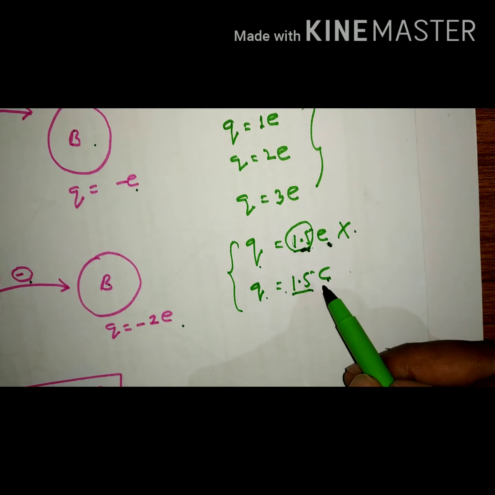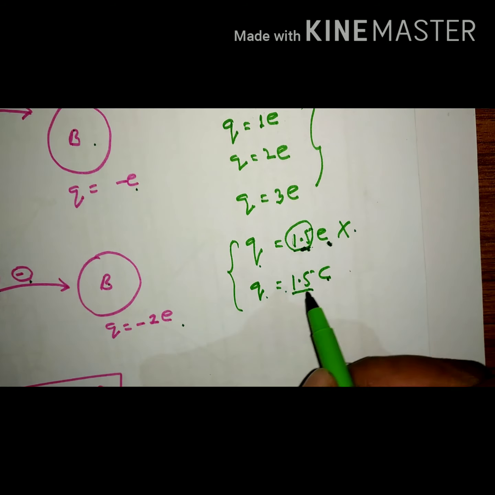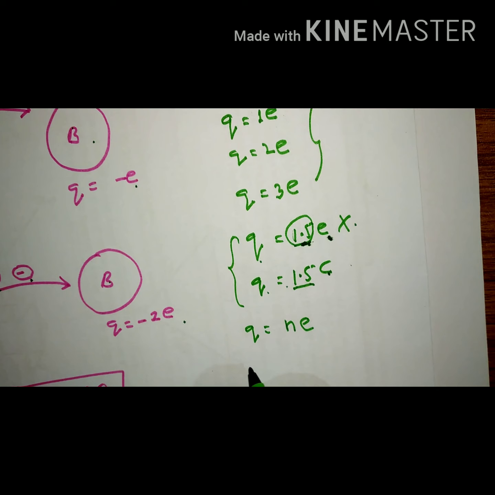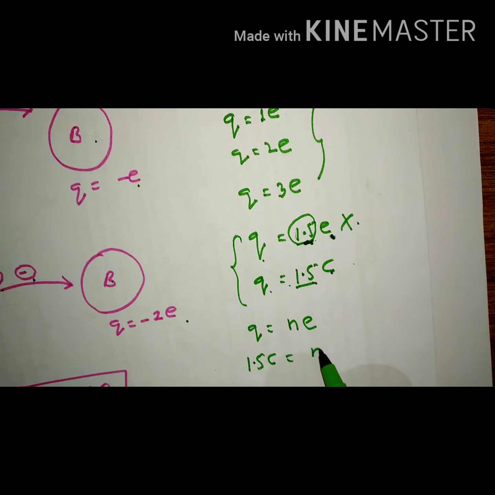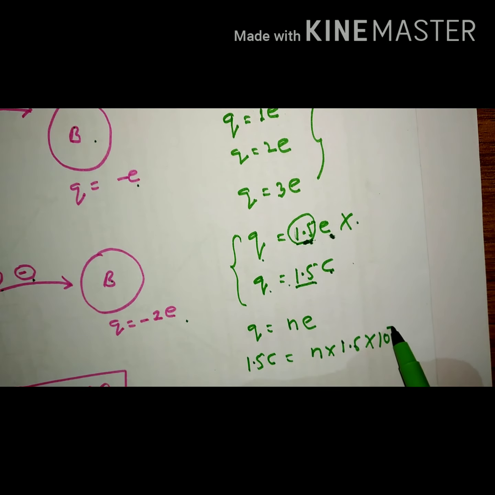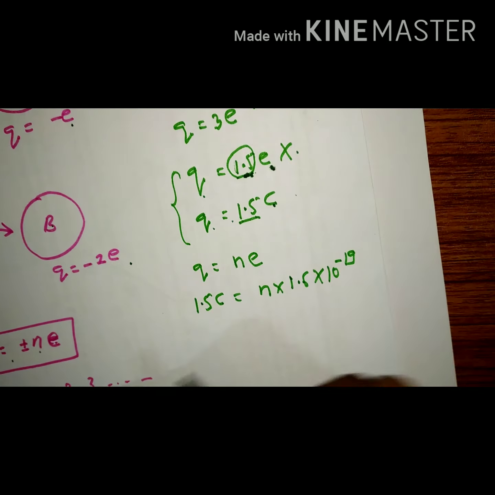Now you will ask how it is possible. If we have Q equals ne and Q equals 1.5 coulomb, the number n will be an integer because the value of elementary charge is 1.6 into 10 to the power minus 19 coulomb.